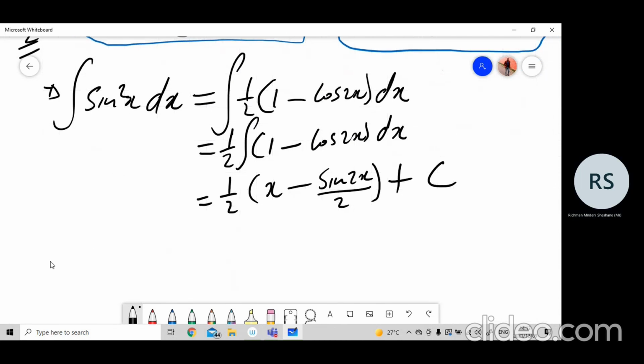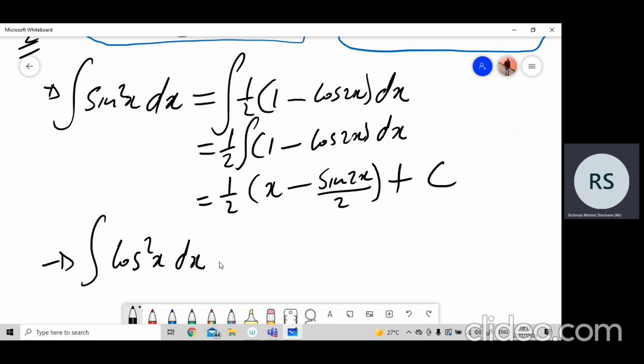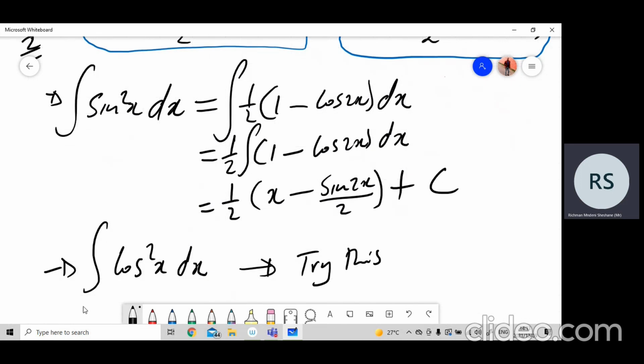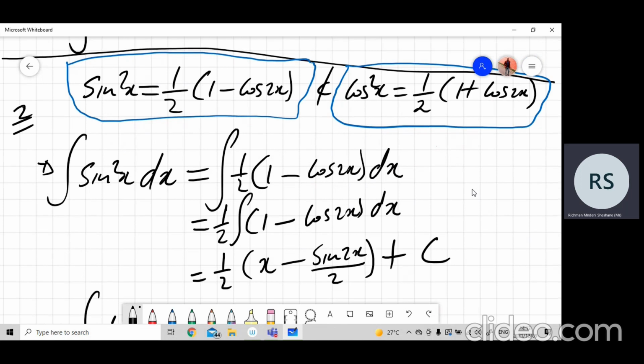When I did it for sine squared, you try for cos squared x dx. Try this. Just to give you a hint, we don't have a standard form for cos squared, but we have an identity for cos squared.